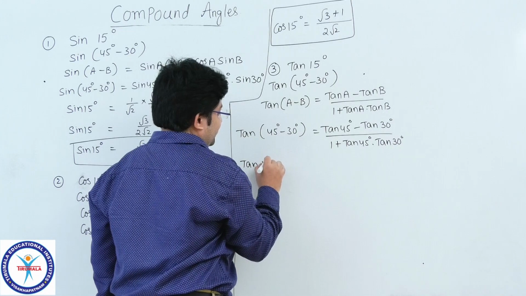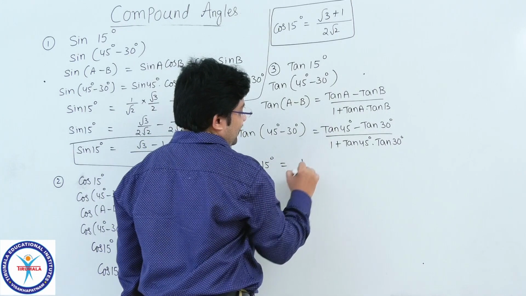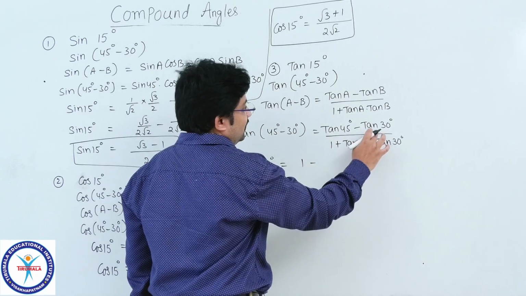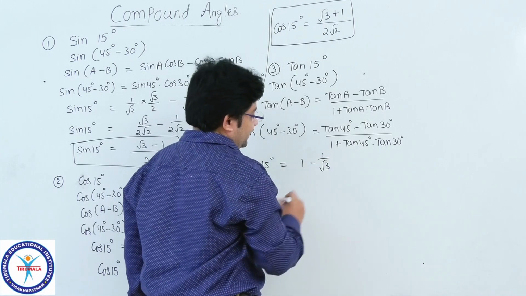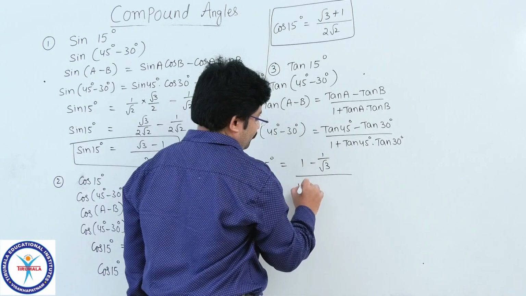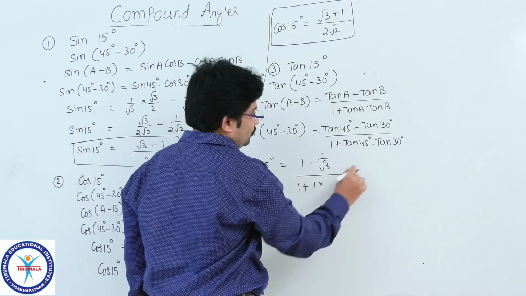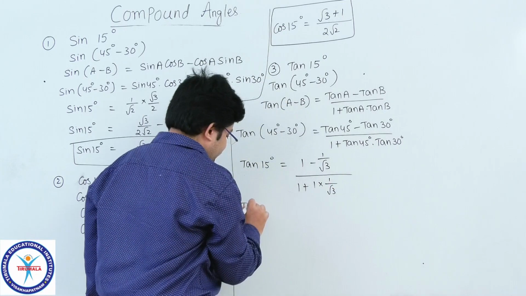The value of tan 45 degrees is 1, and the value of tan 30 degrees is 1 by root 3.